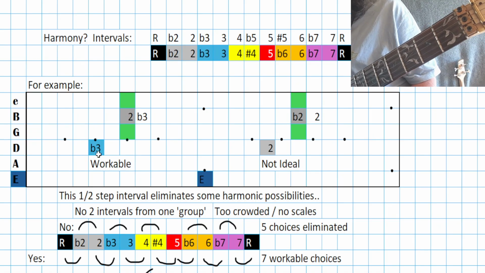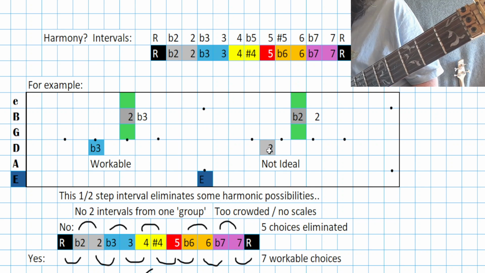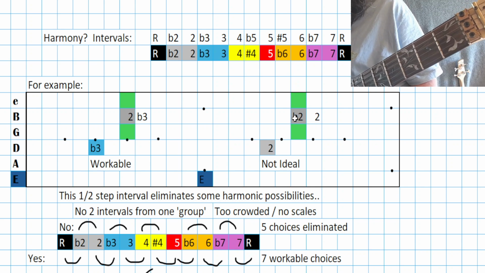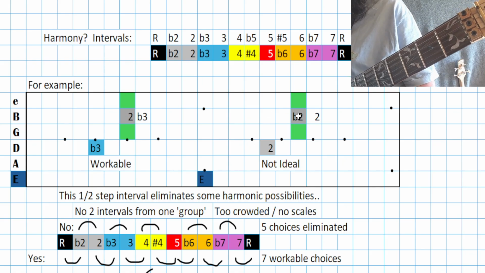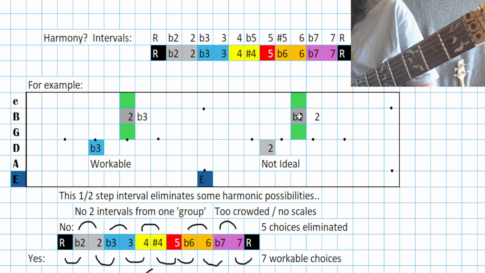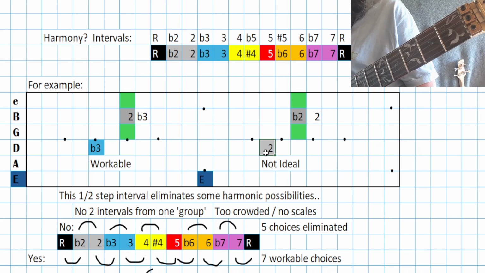And guess what happens to line up with all the ones that sound bad? Those are the ones that have double intervals in them. So since this is a half step, if I put this on the 2, this note here is always a step behind this note. So right here would be a flat 2 and a 2. So here's a 2, here's our octave.